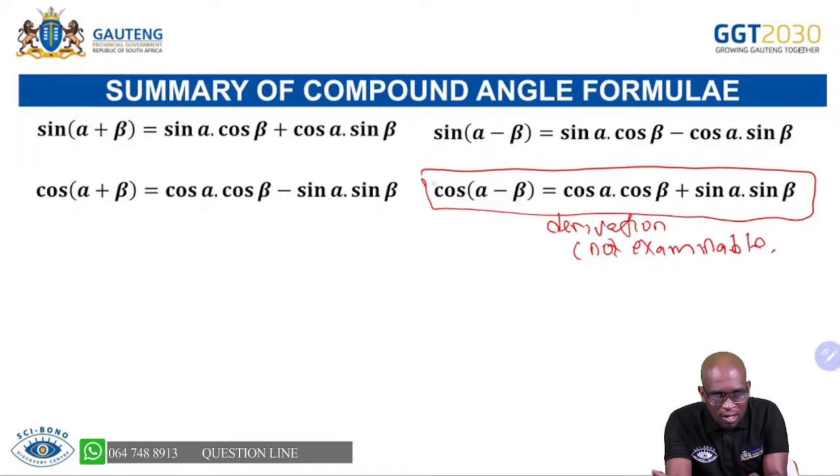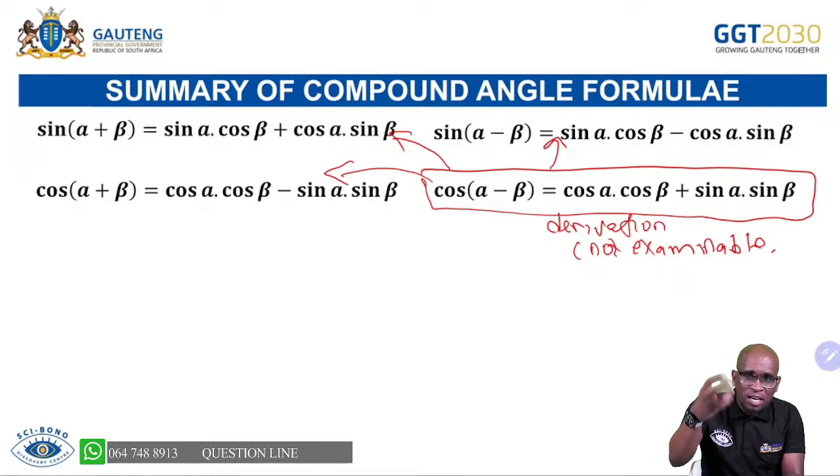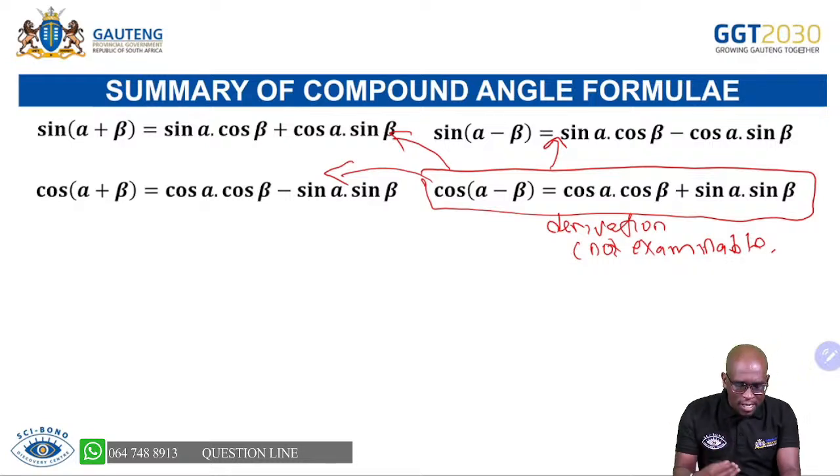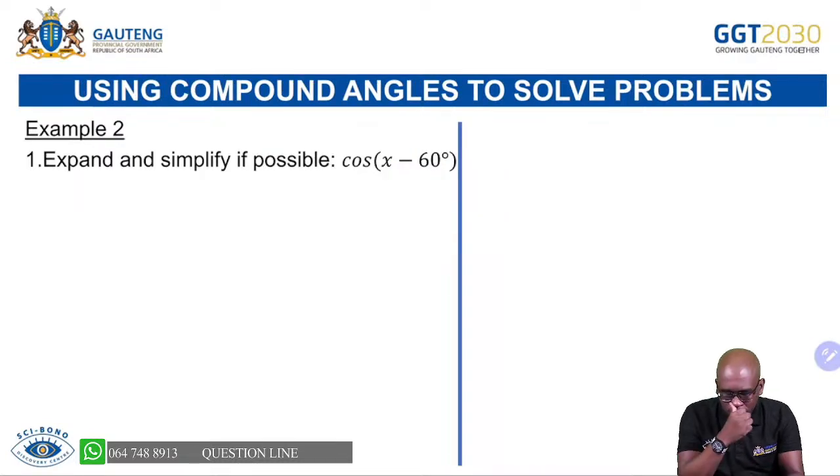And then these three were derived from that one, and the work thereof is examinable. So that is the first thing you should know how to do in grade 12 trigonometry. That's the first and foremost thing. Right, let's move and see what next you need to know.